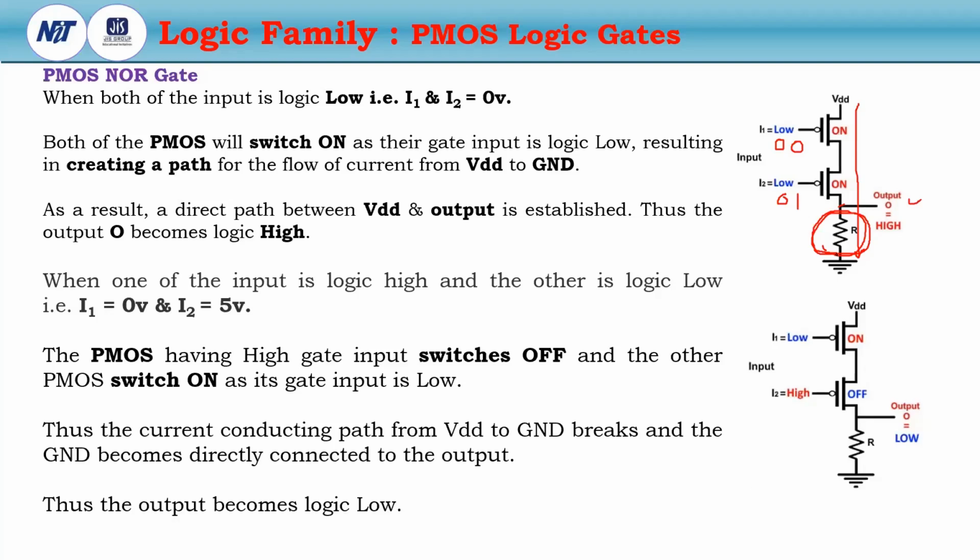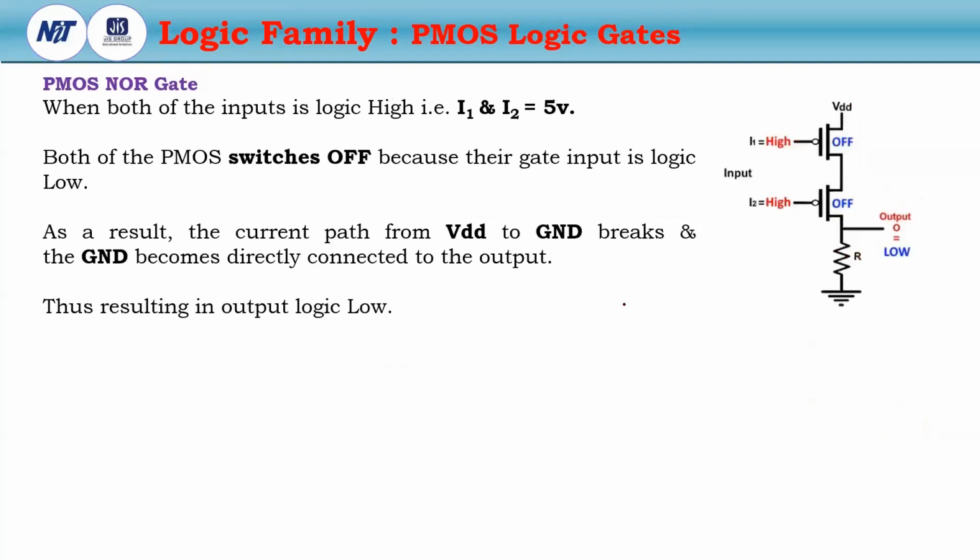The PMOS having the high gate input switches off and the other PMOS is switched on as its gate input is logic low. Thus the current conducting path from VDD to ground breaks and the ground becomes directly connected to the output. So for this reason, the output will be low. The output will be transferred to ground.